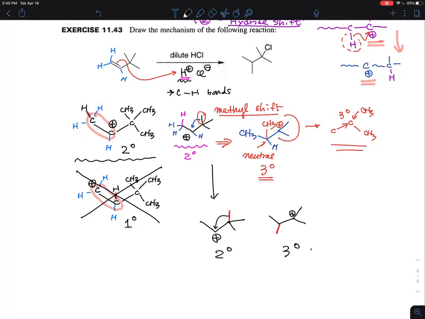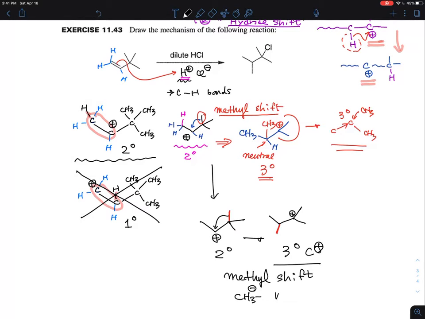Okay, cation. So that is what they call the methyl shift. You can call it the methide shift, because we're talking about CH3 with a negative charge.